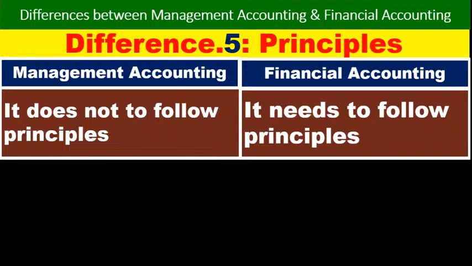Also, in the preparation of a trading account, you take only direct income and direct expenditure, and indirect income and indirect expenditure go in the profit and loss account. In the preparation of the balance sheet, you take only the real accounts and the personal accounts. There are a number of principles in financial accounting.